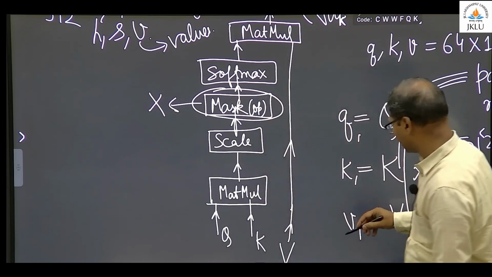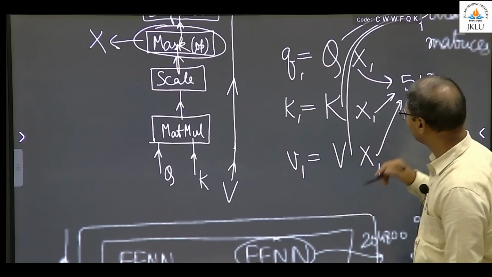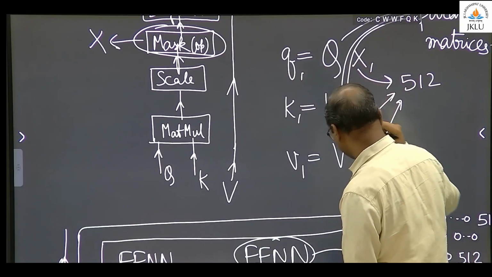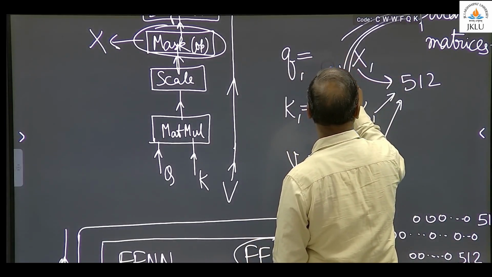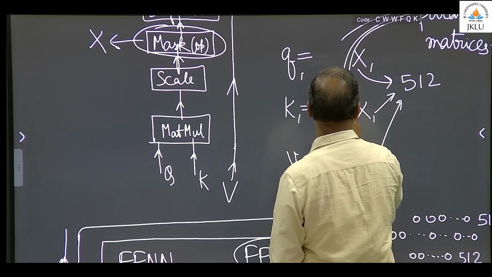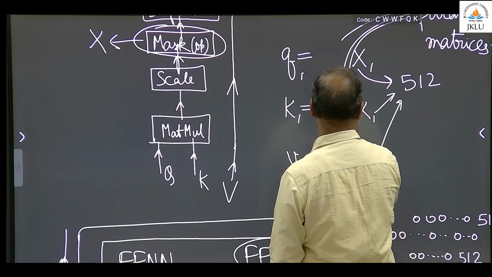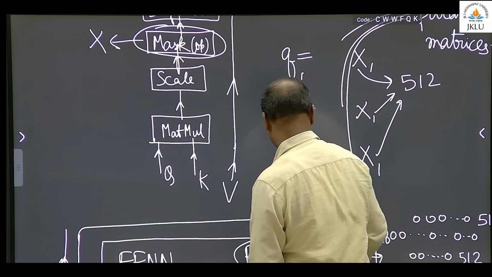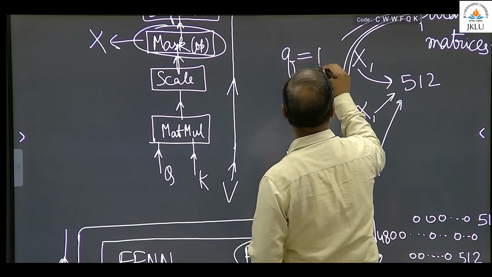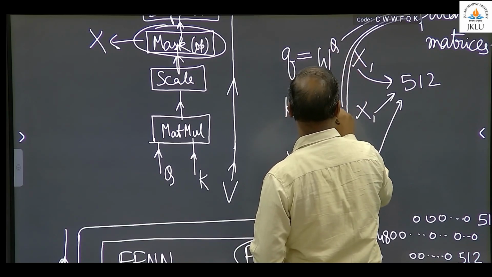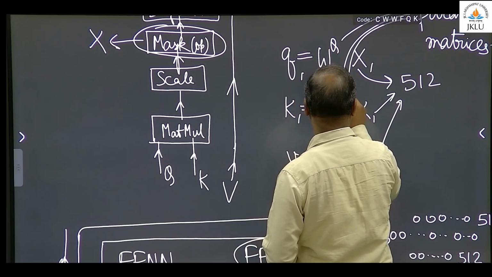I'll come back to these things, because for Q, K and V here we need parameter matrices, so we rather write them as WQ, WK, WV.